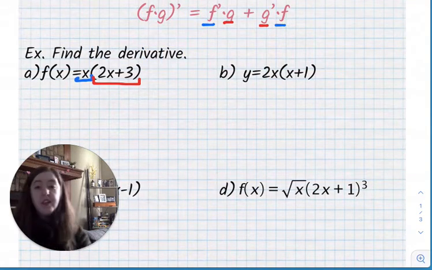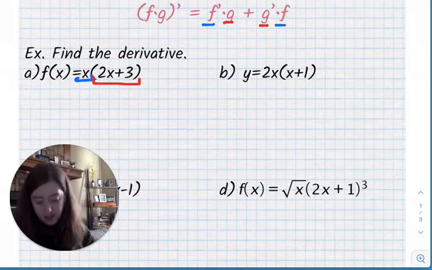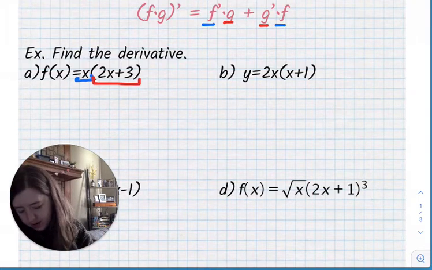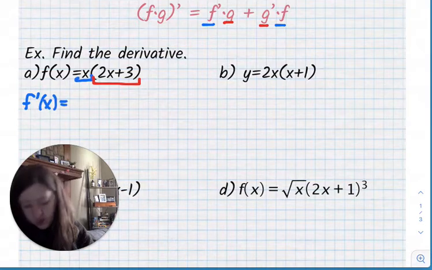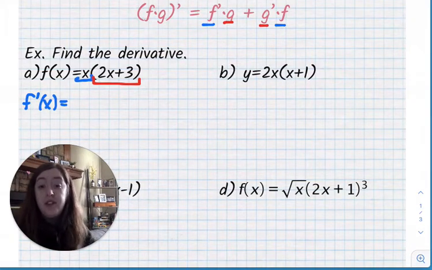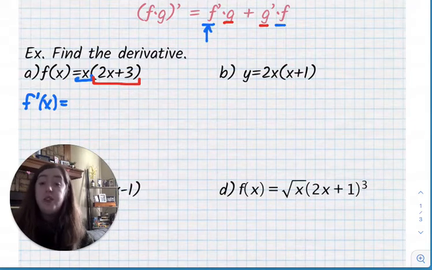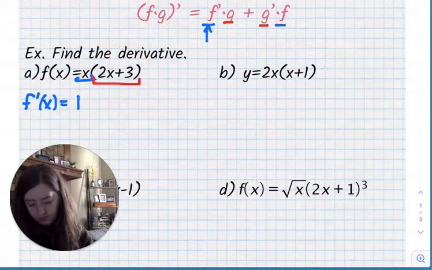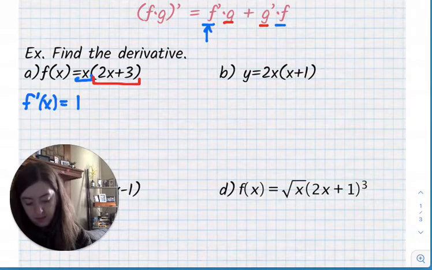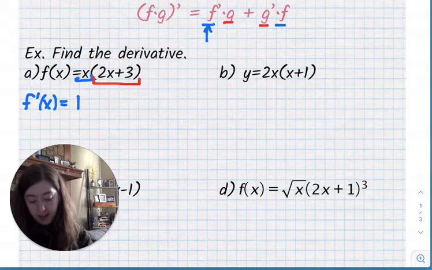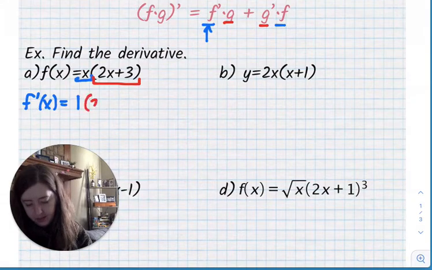All right. So here's what we're going to do. We are finding our derivative. So we need the derivative of the first right here. That's what I'm working on. So the derivative of x is 1. Then we're multiplying that by my second, so 2x plus 3.